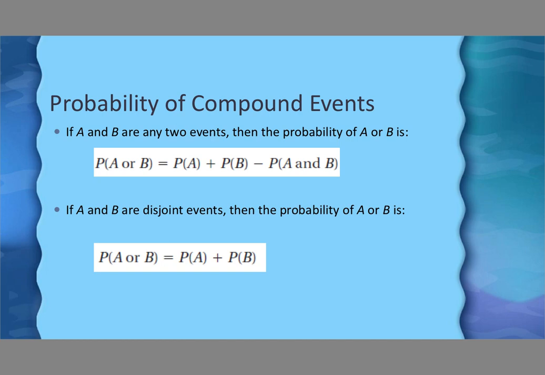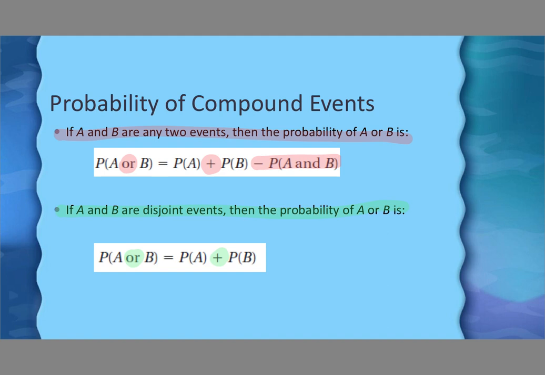If they are overlapping, which is this first one, then I find the probability of A or B by doing the probability of A plus, now we're not multiplying, we're adding, plus the probability of B minus the probability of A and B. And then for disjoint events, so ones that do not overlap, the probability of A or B is just adding them together: probability of A plus the probability of B.